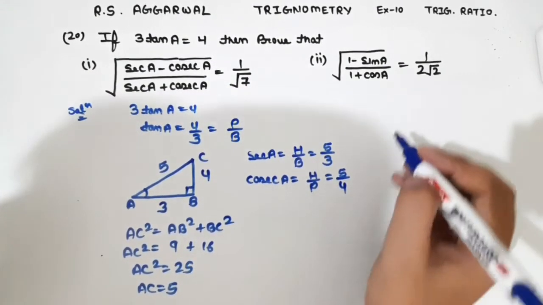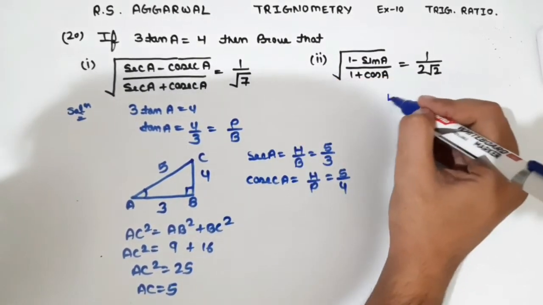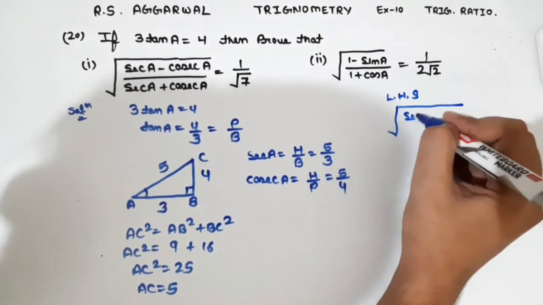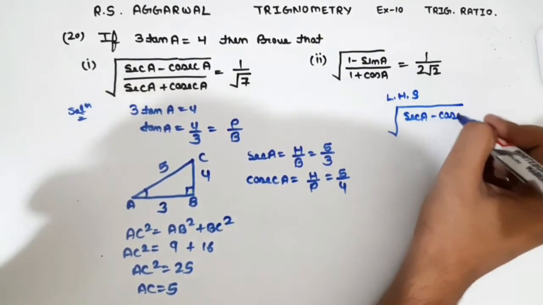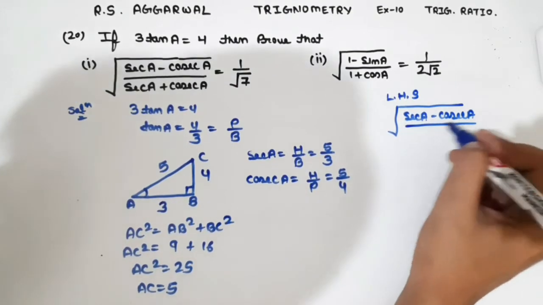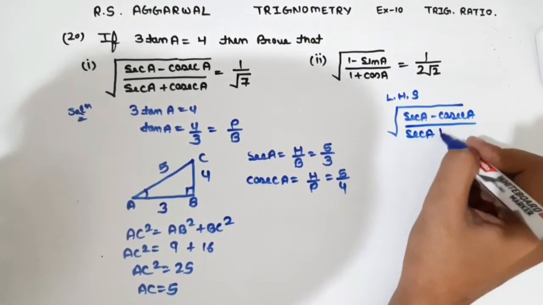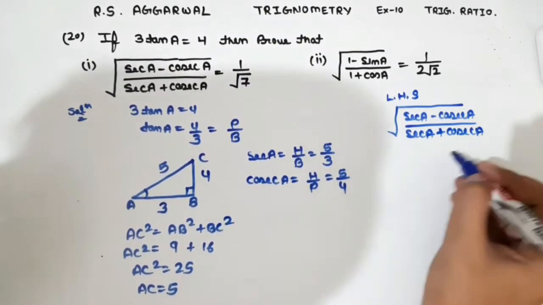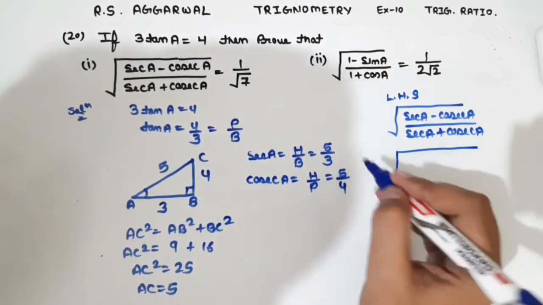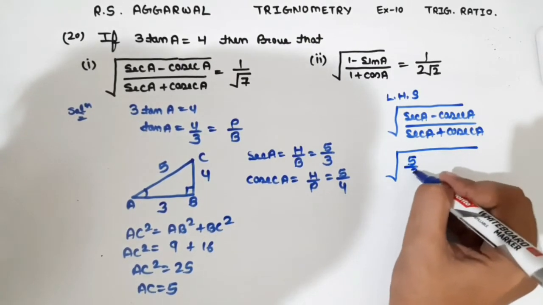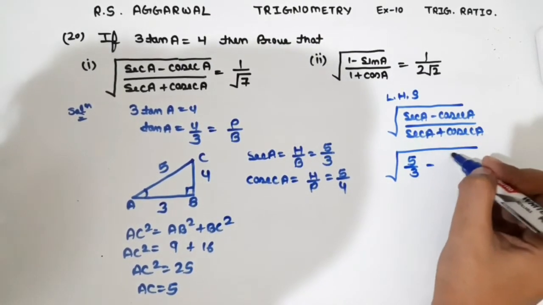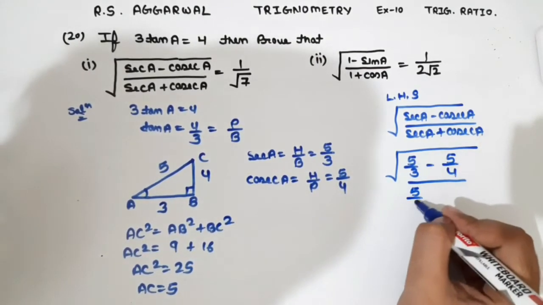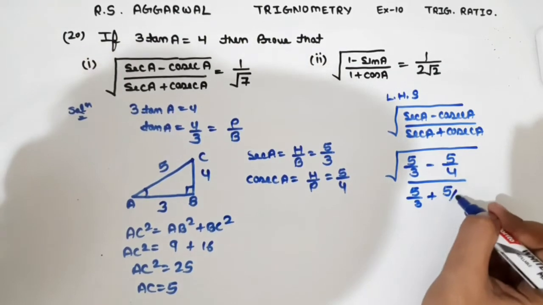So from the left hand side, that is under root sec A minus cosec A upon sec A plus cosec A. Now putting the value, sec A is 5 upon 3 minus cosec A is 5 upon 4, upon sec A is 5 upon 3 plus 5 upon 4.